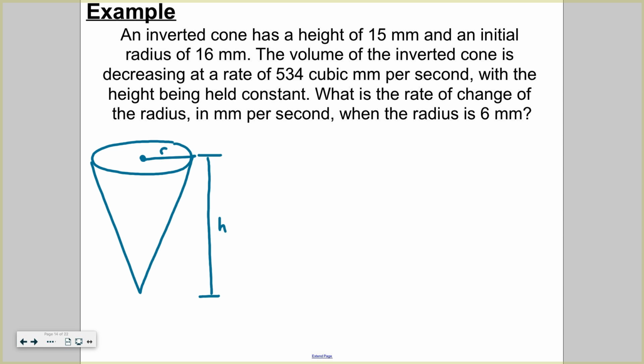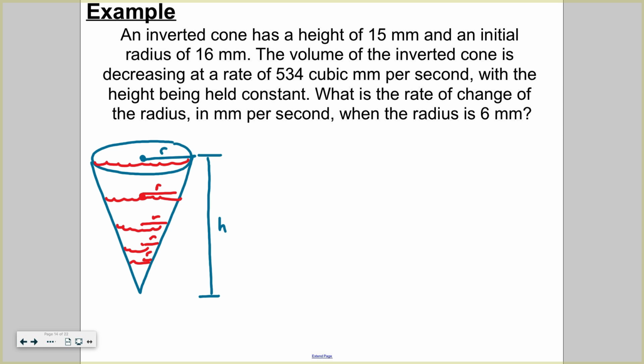And now the volume is going to be decreasing, so if this is our height, we're going to be decreasing, so we're going to get lower and lower and lower, which means as we get lower and lower and lower, our radius is going to get smaller and smaller and smaller.